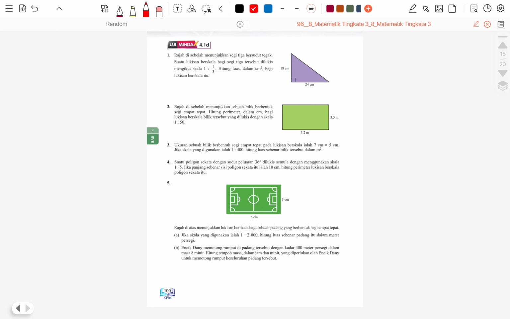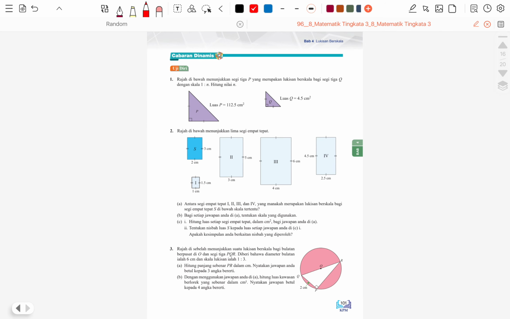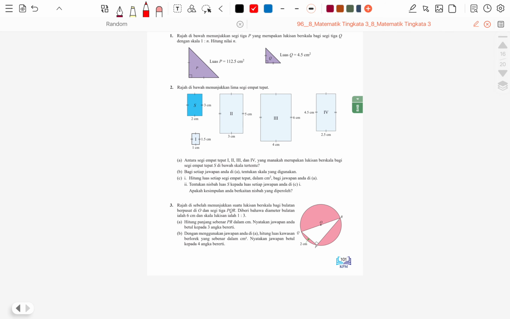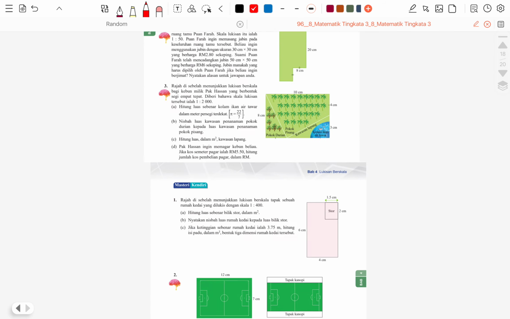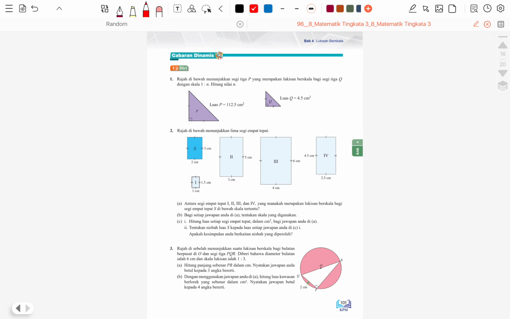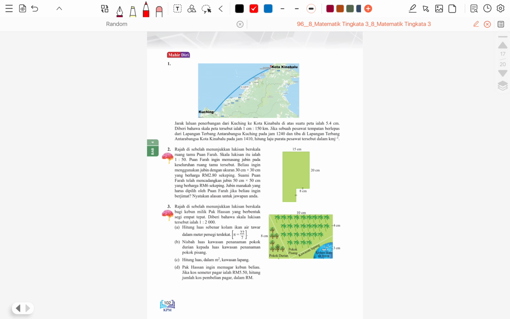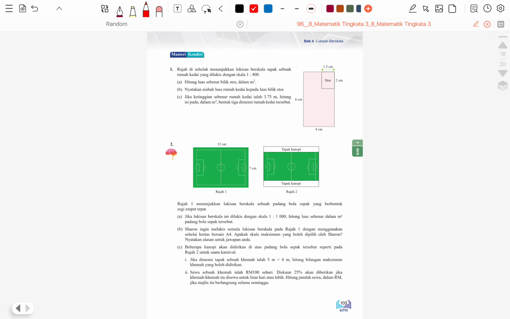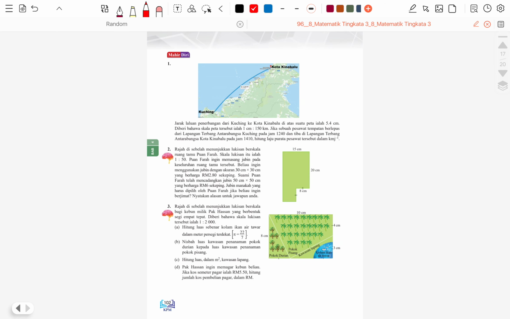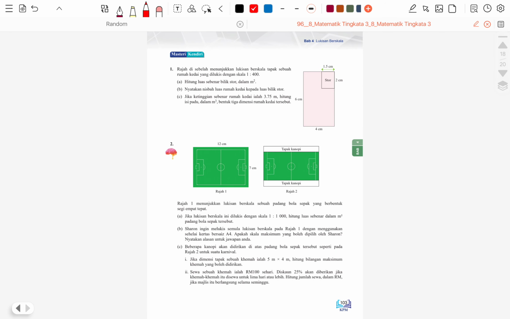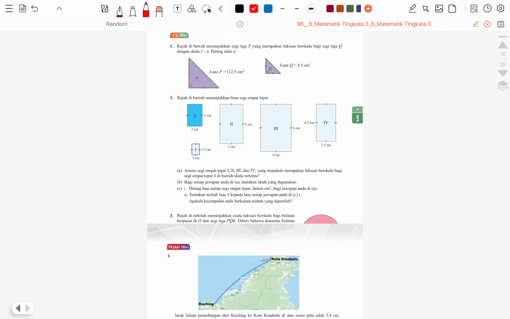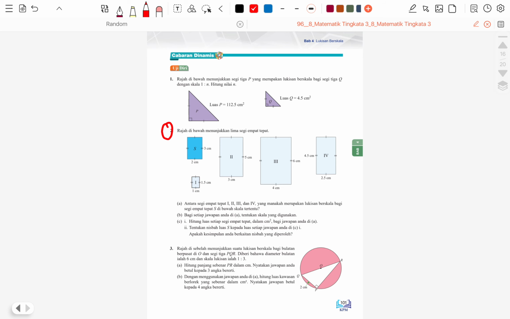I want you to try to do question 2 here, in Master Kendiri question 2, and then in Uji Diri question 2 also.